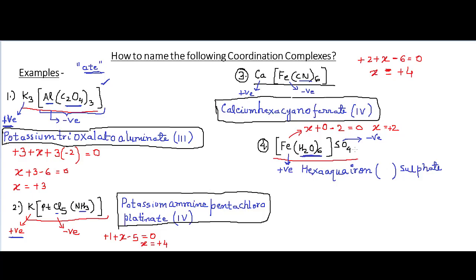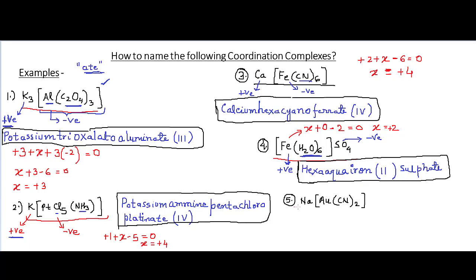So we will write 2 in Roman numbers like this. So the name of this complex, example number 4, becomes hexaaquairon(II) sulfate. Okay, so hope this is clear, and one more example we'll discuss here.